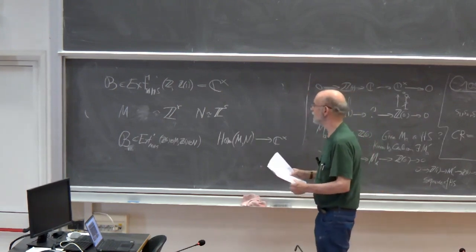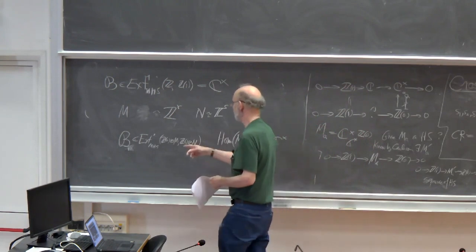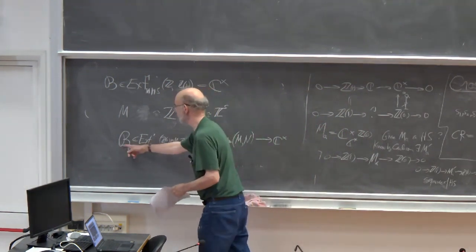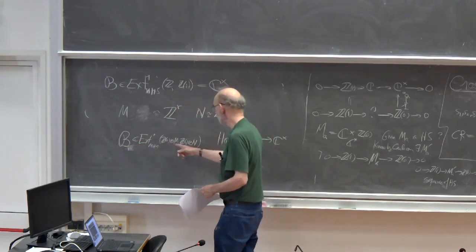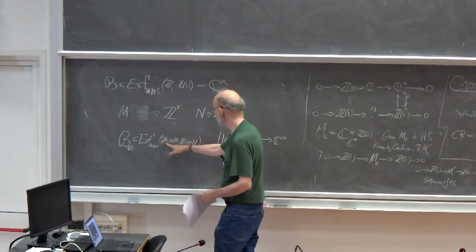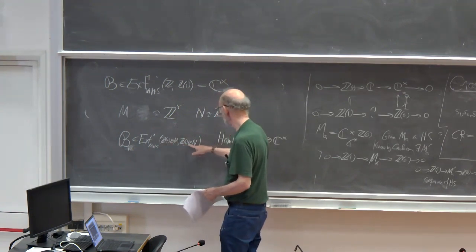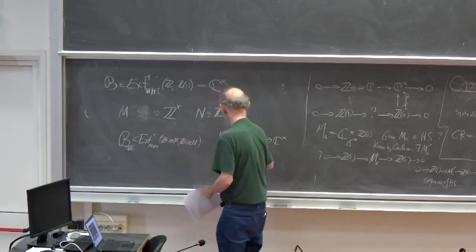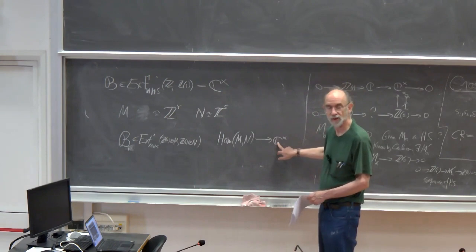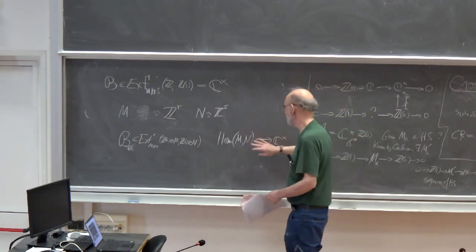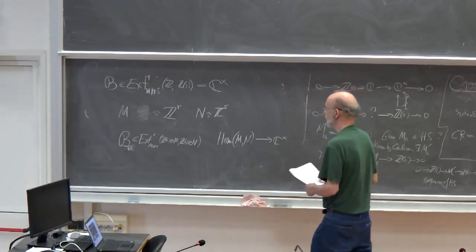Right? Because if I have an extension like this, and I've given myself this B, which is an extension like this, then for each element in a basis here, and an element in a basis here, I'll get an extension, and so I'll get an element in C cross, which would be the extension class. I'm sorry I didn't explain that very well, but if you think about it, it's clear.